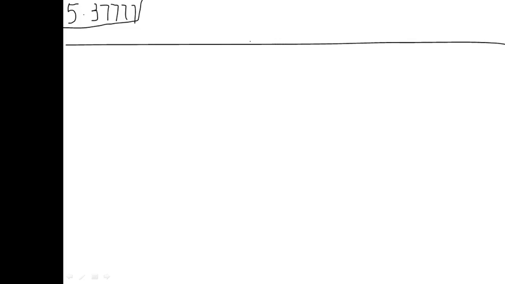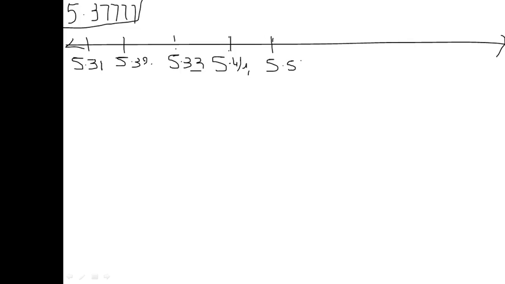Again draw a straight line which should contain two arrow marks, and then let us write 5.31, 5.32, 5.33, 5.44, 5.44, 5.55, 5.56, 5.57, 5.58, 5.59.